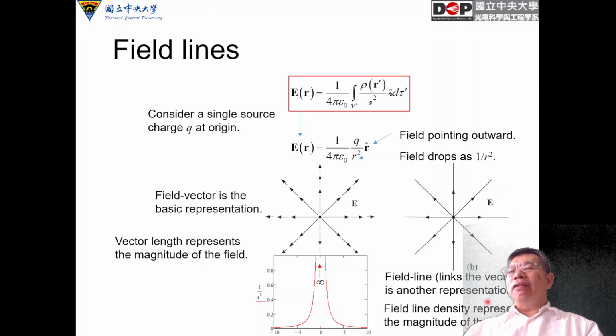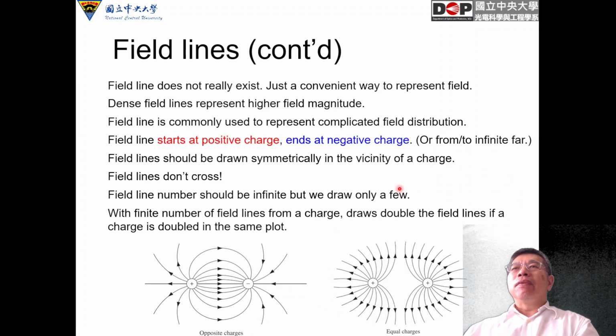This is slightly different, but essentially it just links the vectors. If you point in one direction, then reach some point and point another direction, linking everything together becomes a field line. The field line also gives the direction of the electric field. That's easy enough. So the field line does not really exist, it's just a convenient way to represent the field.